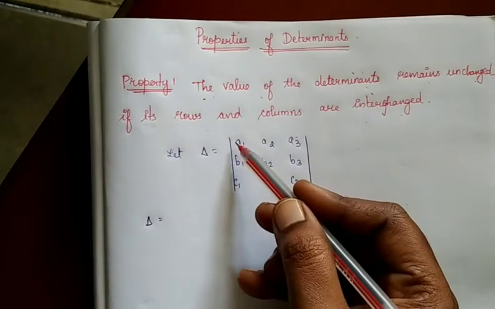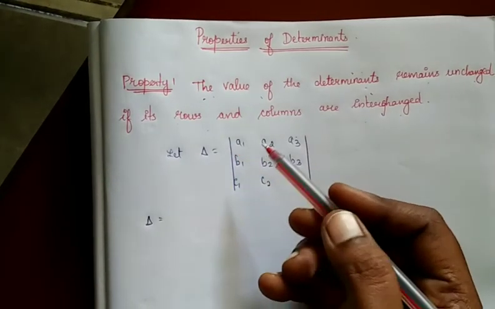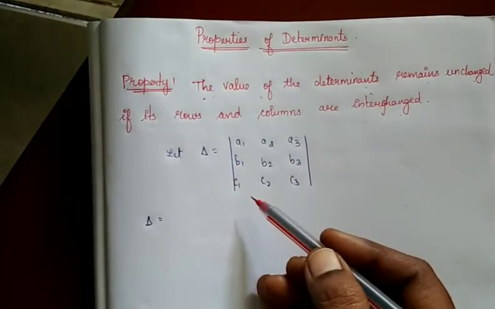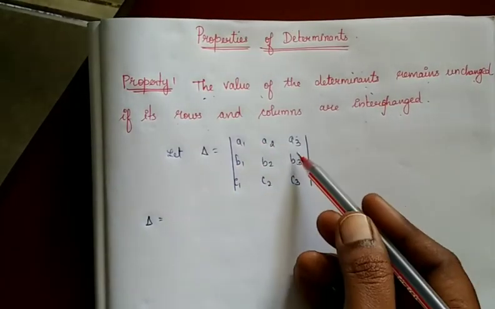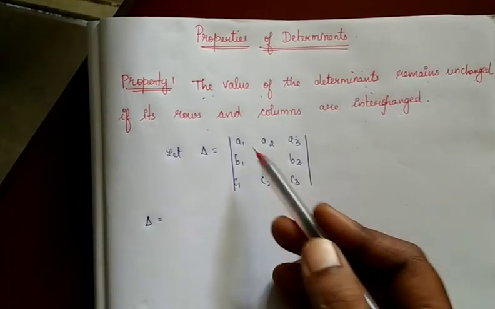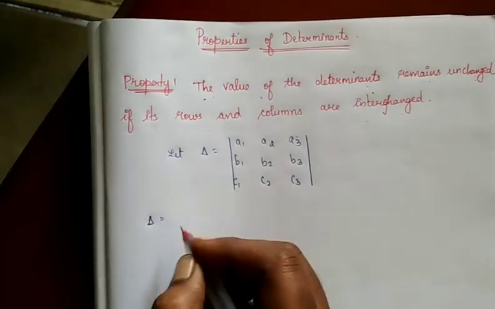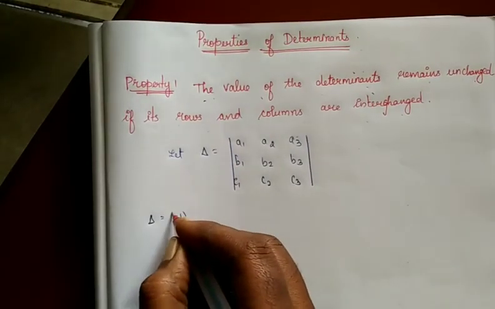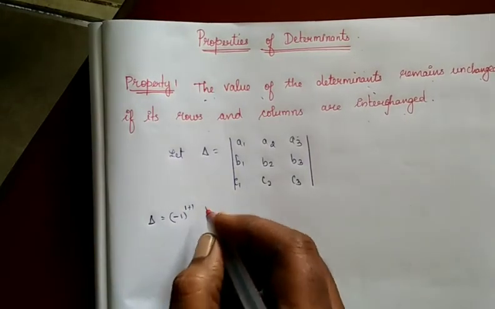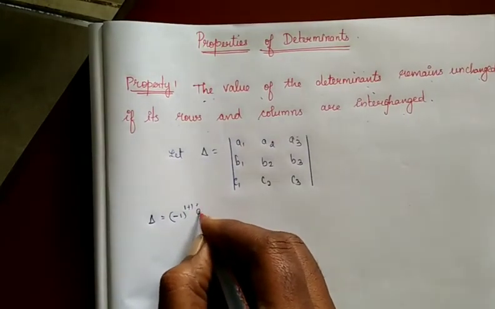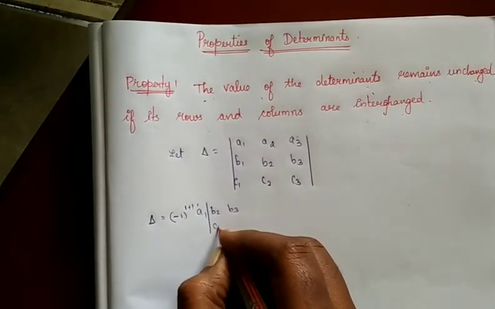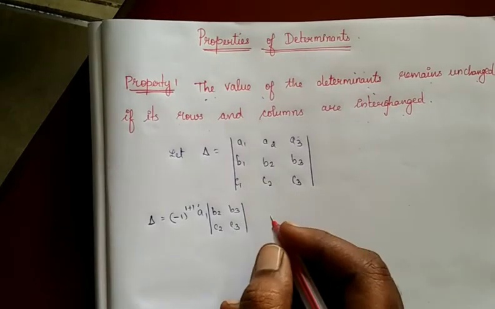To find this value, we take the first element, leave its row and the entire column, and take the second-order determinant of the remaining elements. So this is minus 1 to the power 1 plus 1, a1 of b2 b3 c2 c3.